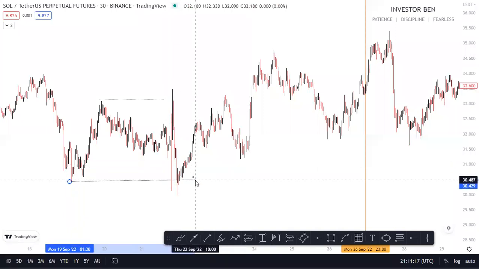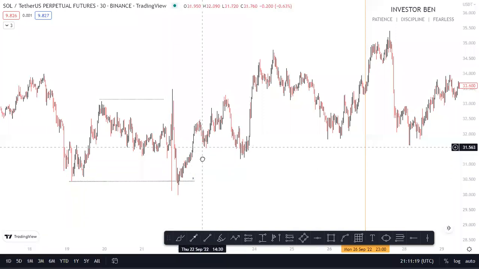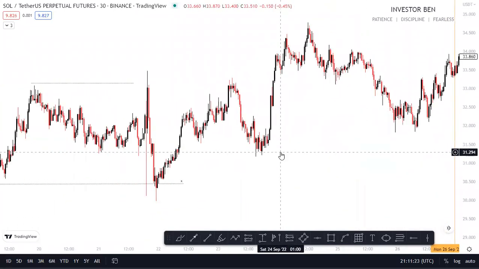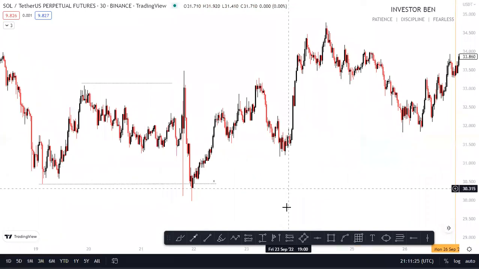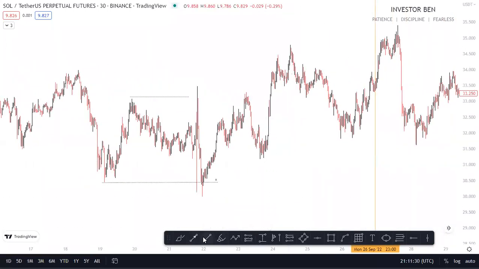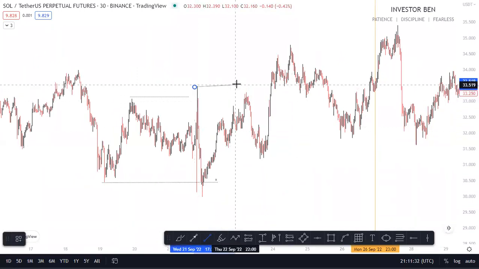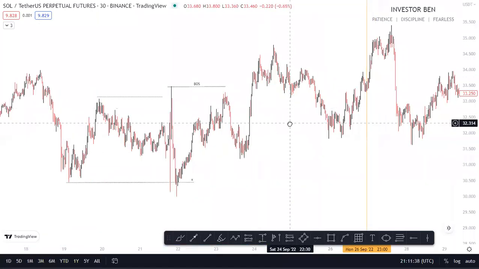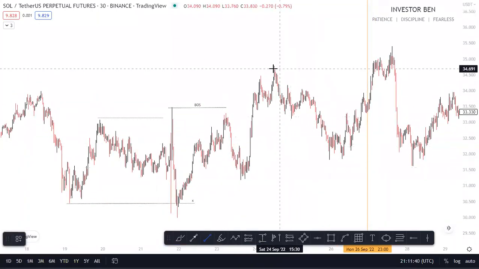I will target, right, a change of character. And now what happened? This is another block, right? We are in an uptrend here in Solana. BOS to the upside, and another BOS.